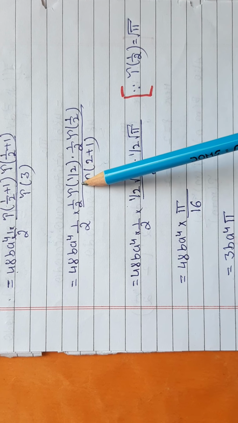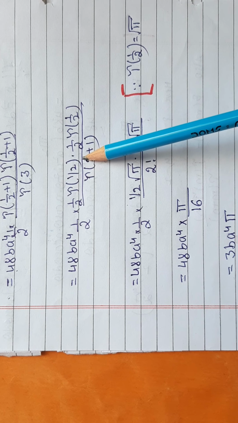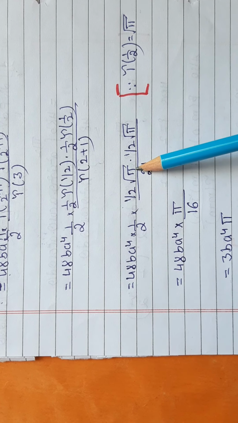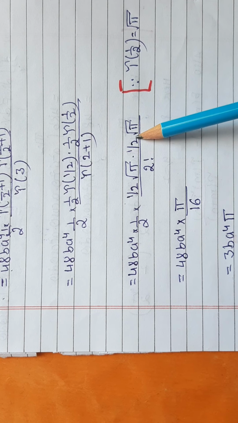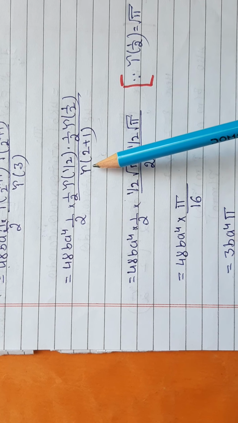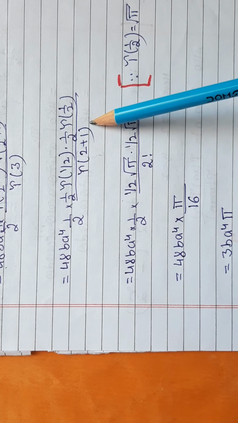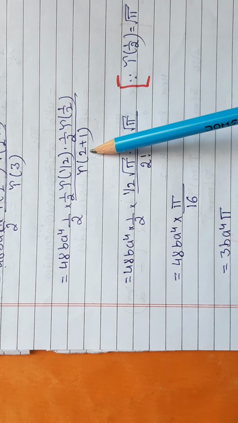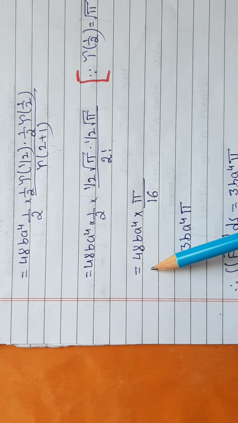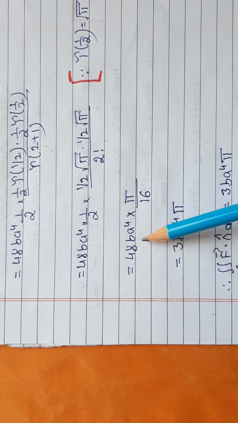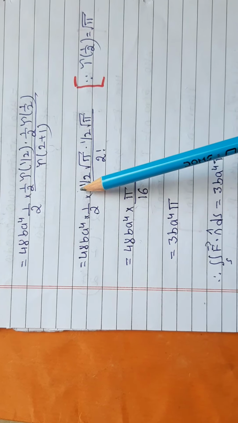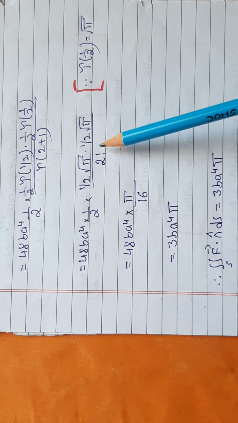Here we know that the value of gamma of 1 by 2 is root pi. Then substitute its value, root pi into 1 by 2 into root pi, divided by, here applying gamma of n plus 1 is n factorial, n value is 2, which is 2 factorial, which is equal to 48b a to the power 4 into 1 by 2 into 1 by 2 into 1 by 2.